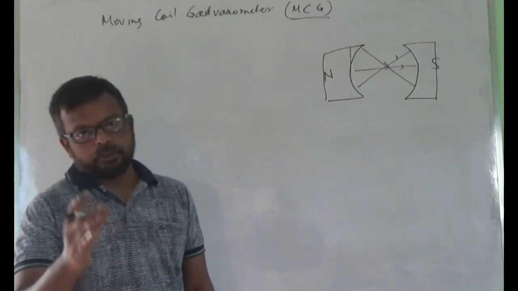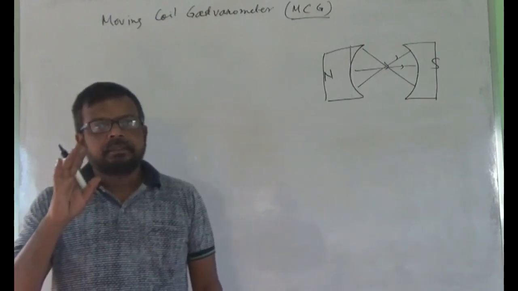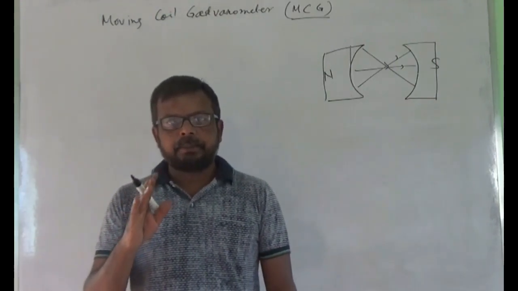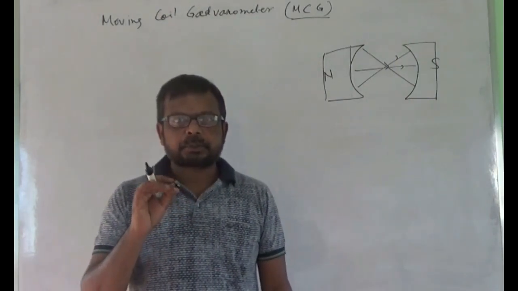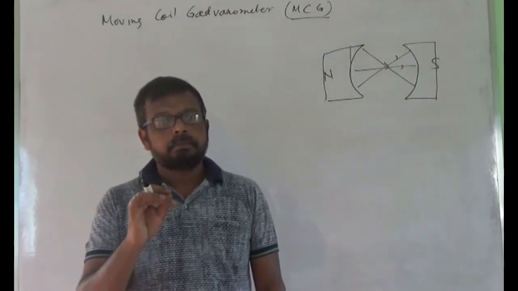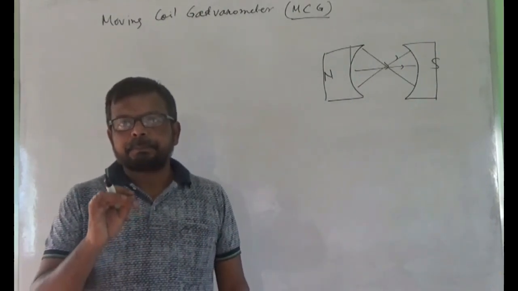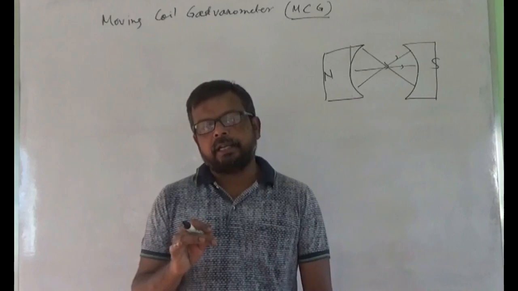In later discussion we will discuss that. Now, what I have told is that the coil is suspended by a hair-like spiral spring, generally made up of phosphor bronze, which acts as a path for the current of the coil.